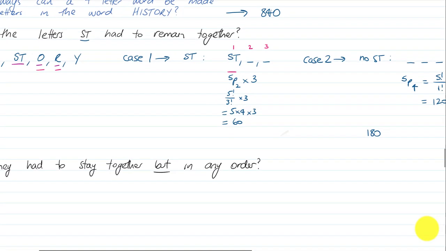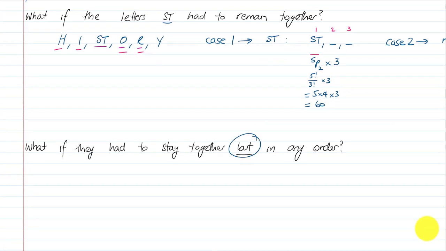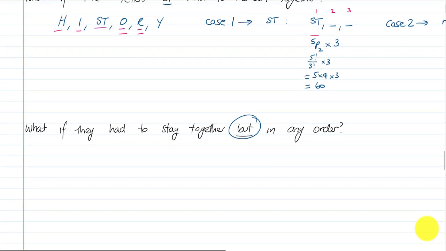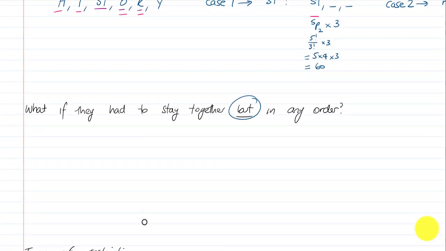But there is a second part here, because what if they had to stay together, but in any order? It wasn't implied that they had to be ST in that order in the first part of the question. If we say in any order, which is the other case that might be true here, it's pretty easy. Case 1 was ST is in, and there are 60 ways, but we have to add to that another 60 for the TS options where they're reversed.